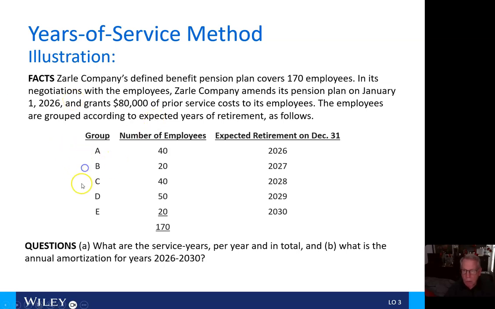Group Alpha, Bravo, Charlie, Delta, and Echo. And there's the 170 employees and their expected retirement dates here. The question then, Alpha, what are the service years per year, and in total, Bravo, what is the annual amortization for those years from 2026 to 2030?